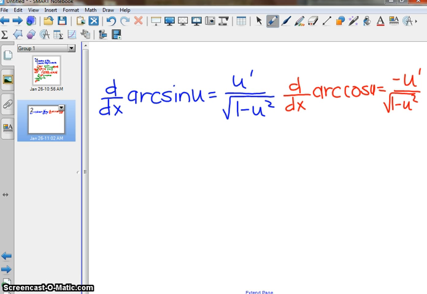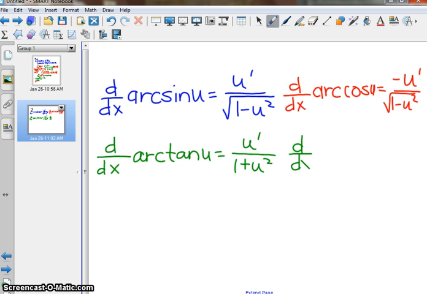So the only difference between those 2 formulas is one is positive and one is negative. The other formulas are arctangent of u, which equals u prime over 1 plus u squared. So the derivative of arc cotangent u is negative u prime over 1 plus u squared.